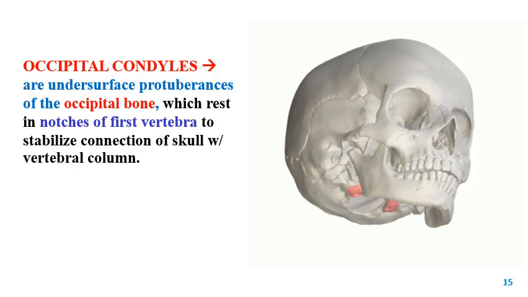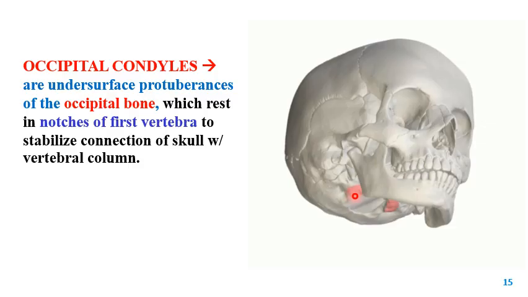So interesting thing here about your occipital bones. You have those protuberances right there, and those are called occipital condyles. So you got two of them right here. And they're right at the base of the skull. An important thing about that is that it's going to connect the head, so the cranium here, to the first vertebra of your vertebral column.